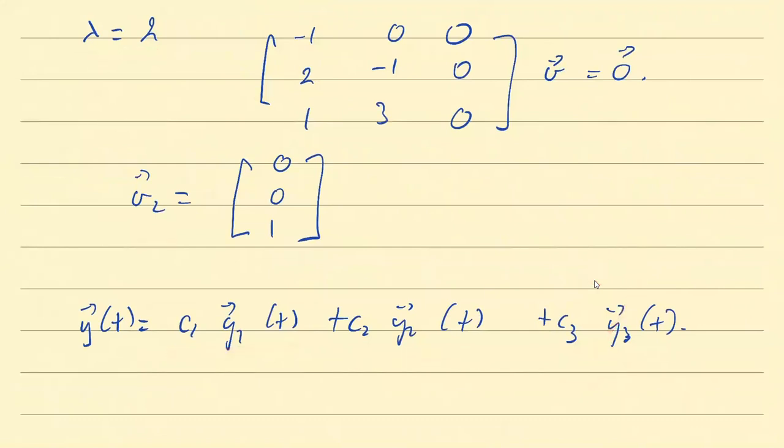That's exactly the topic of the chapter on repeated eigenvalues, to be discussed later. As of right now, we do not have enough to construct 3 solutions for this system.